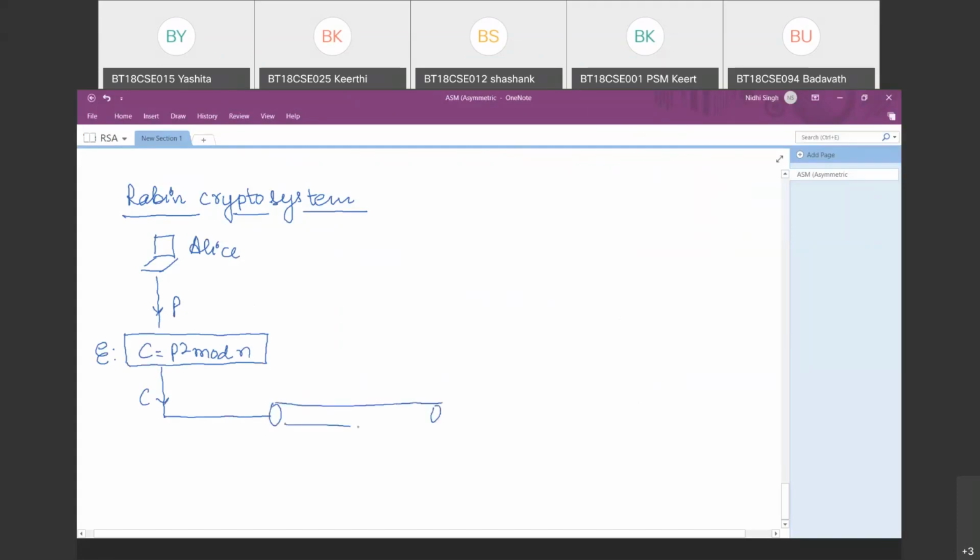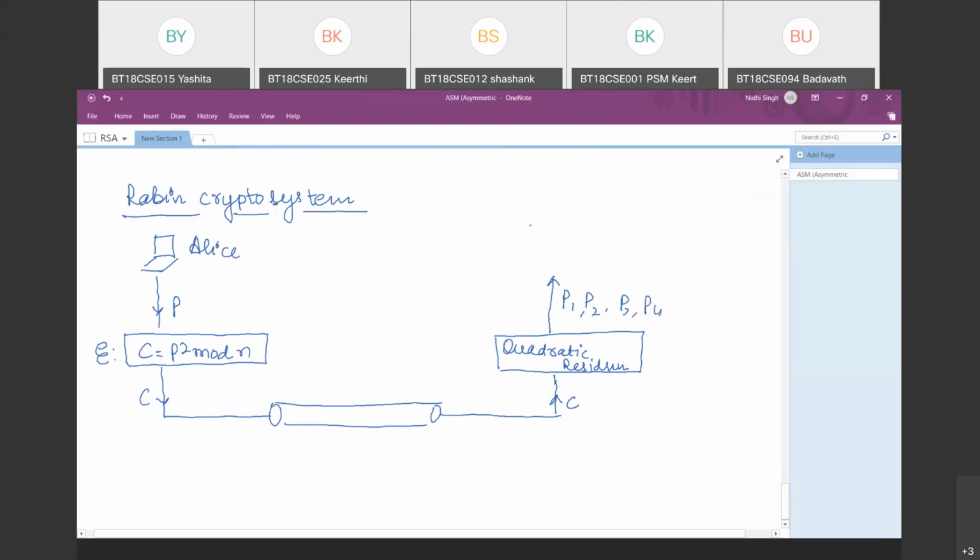So when my ciphertext is received by Bob, then instead of using a decryption algorithm, he has to apply the quadratic residue. From this quadratic residue, 4 plain texts will be generated: P1, P2, P3 and P4.